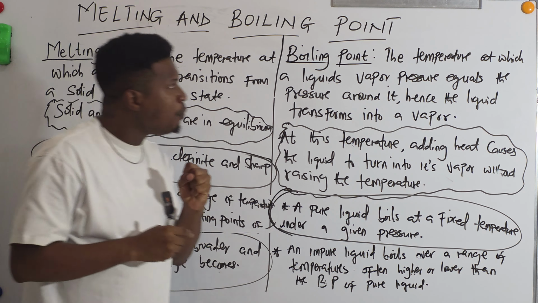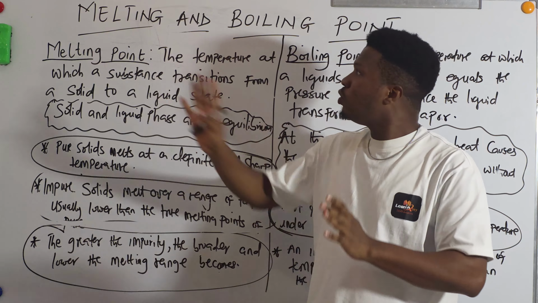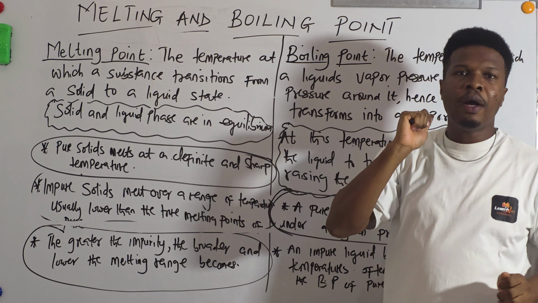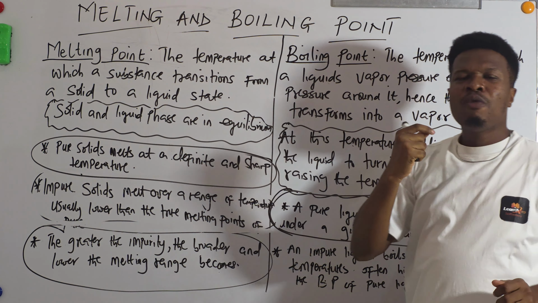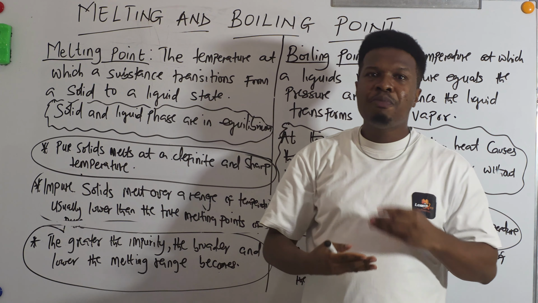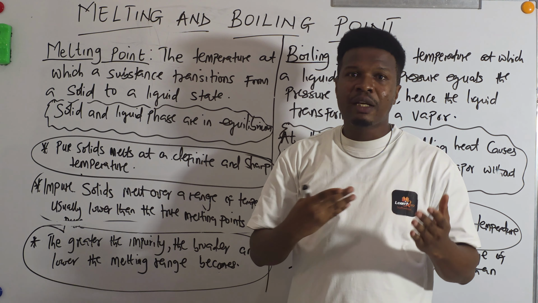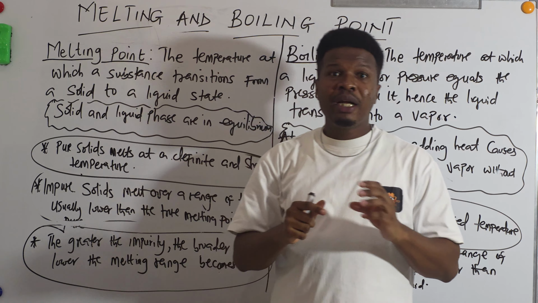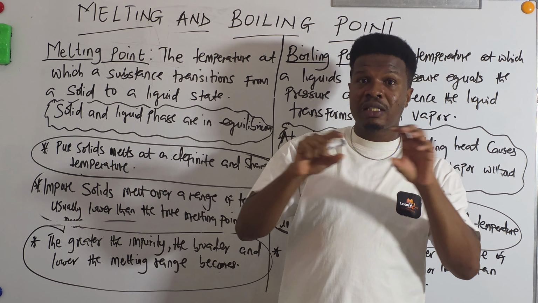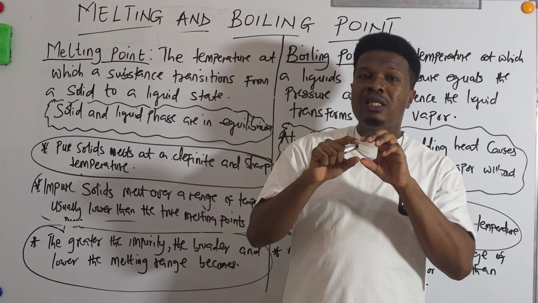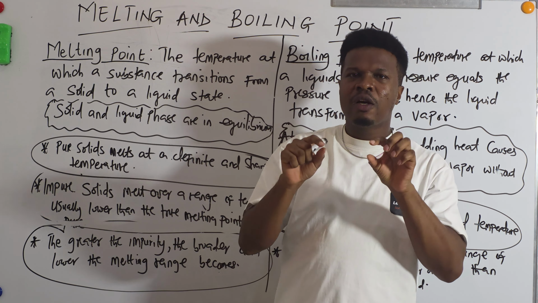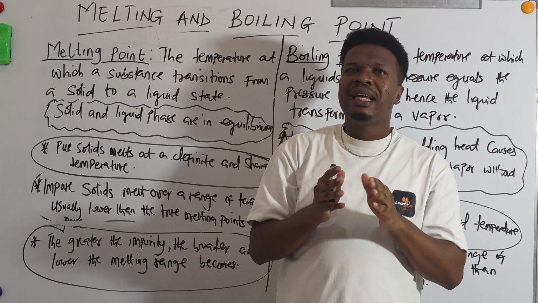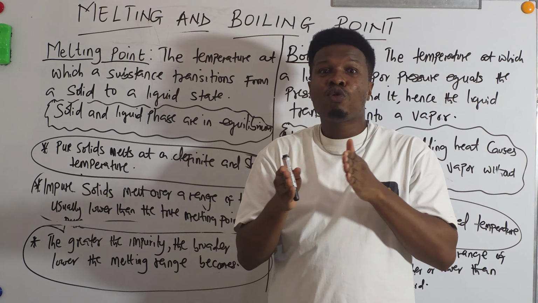So the end point is that these two points, melting and boiling point, are used to determine the purity of a substance. In the laboratory, when you look at the measurement of these temperatures, once you see a sharp or fixed value, sharp means that the temperature difference will not be too broad.